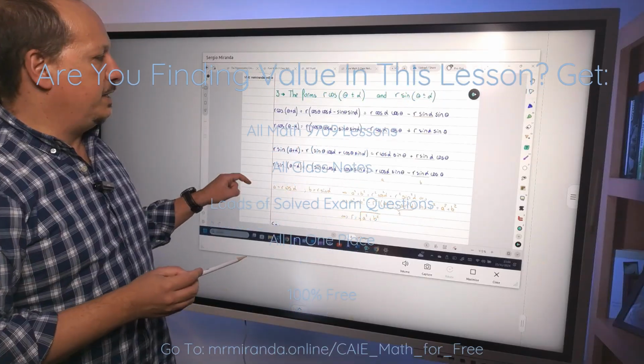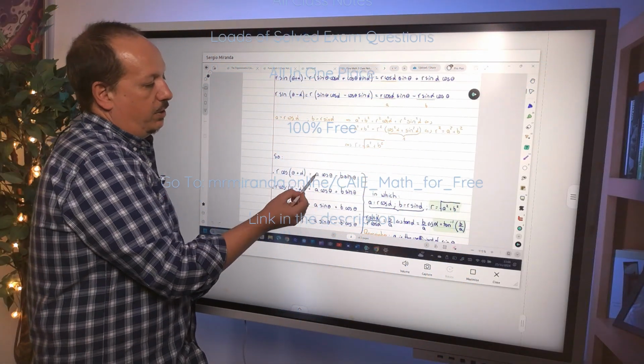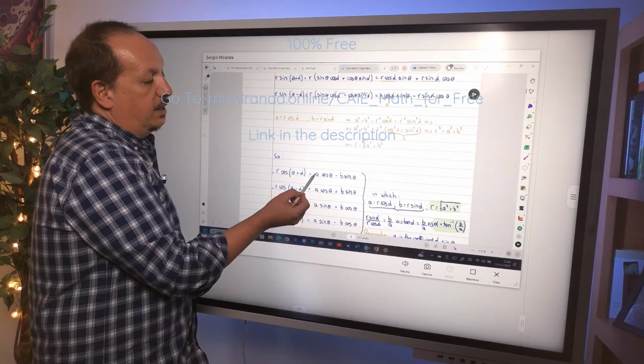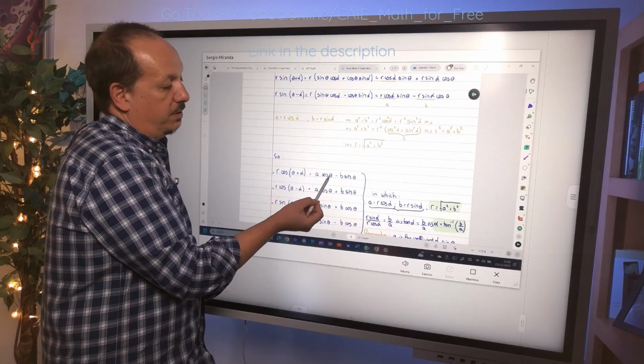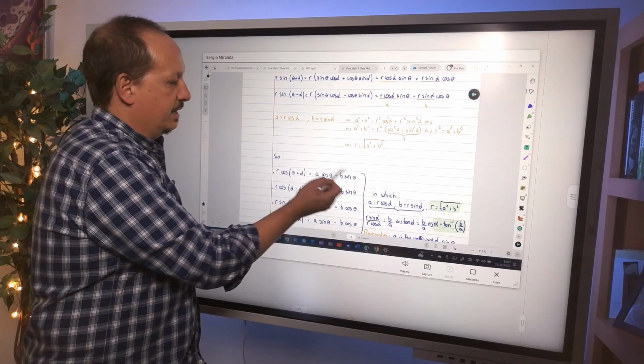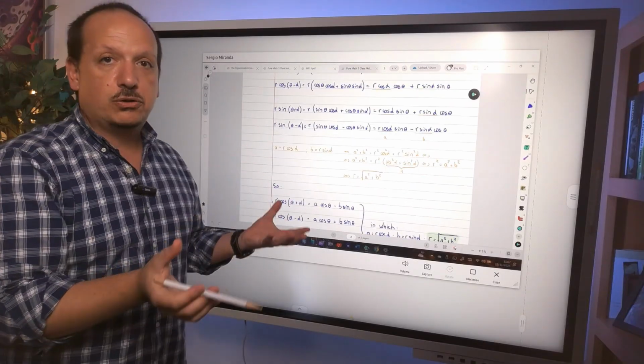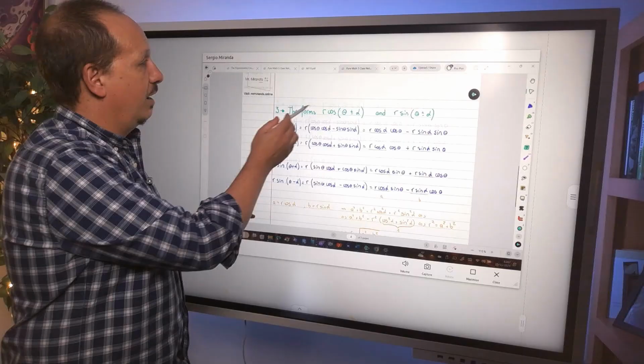What does this mean? It means that if you have an expression represented like this, in which you have two numbers over here, let's say 2 cosine of theta minus 3 sine of theta, you can express this as this, and you already know how to calculate this value r.